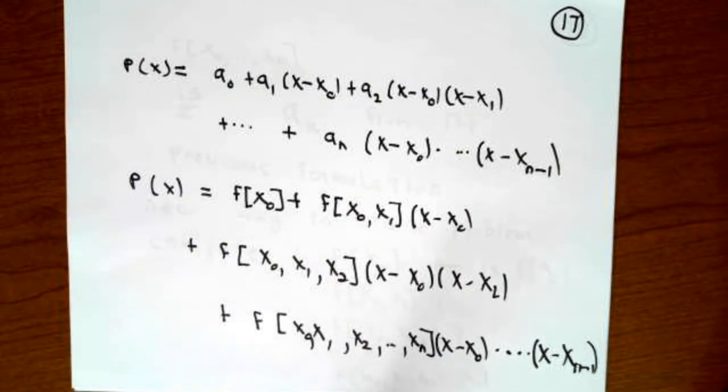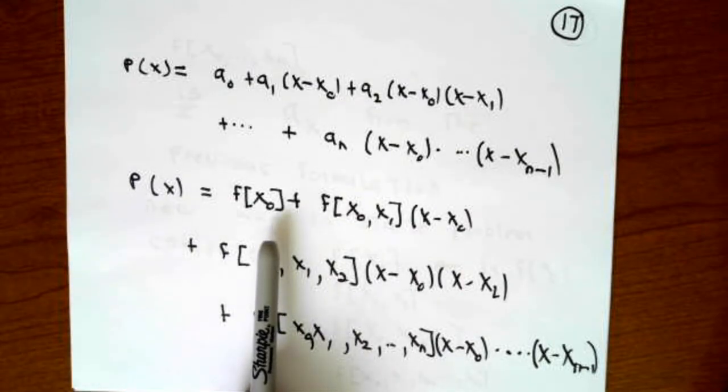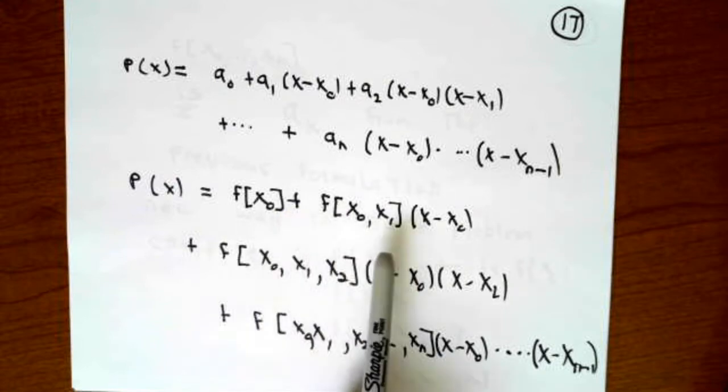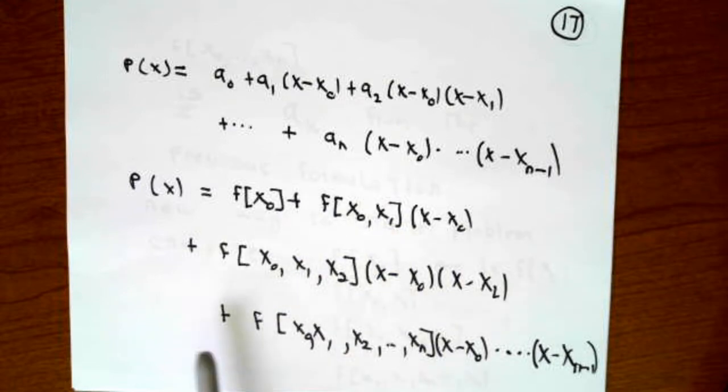In our new language, a0 is just f bracket x0. a1 is f bracket x0, x1, and so on and so forth. The last one will be f bracket x0, x1 out to xn, which is multiplied by the nth degree polynomial x minus x0 out to x minus xn minus 1.